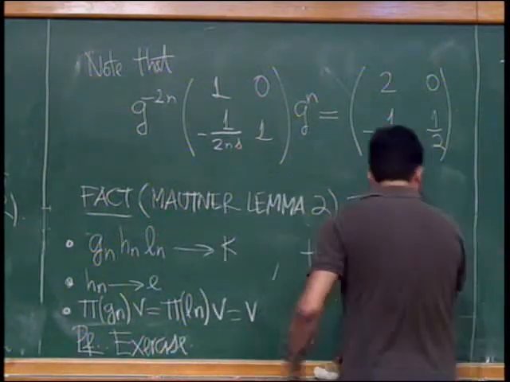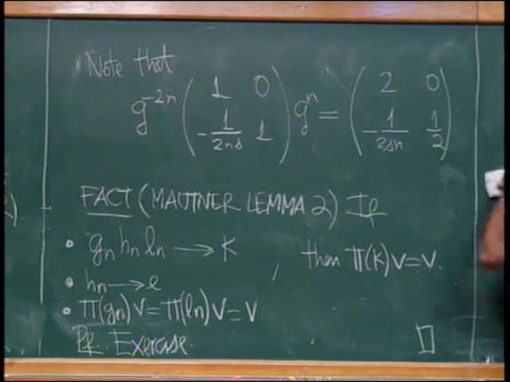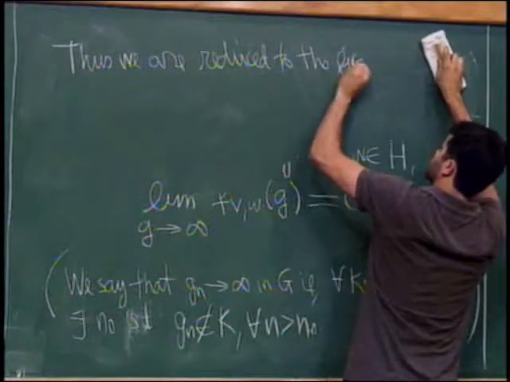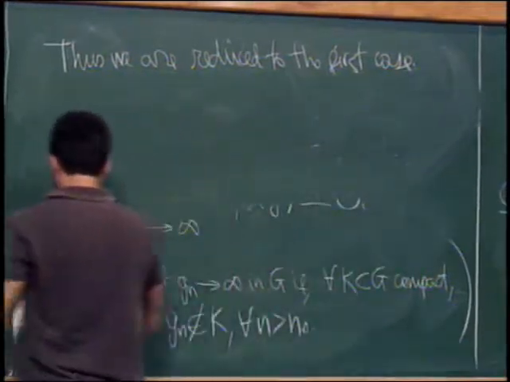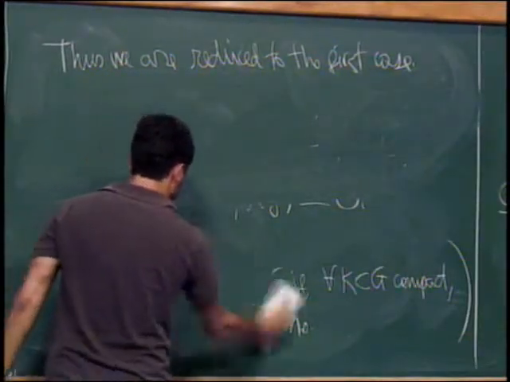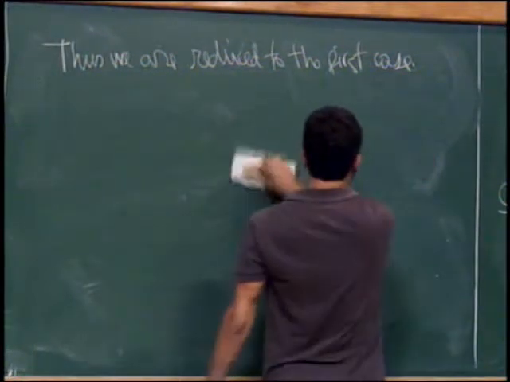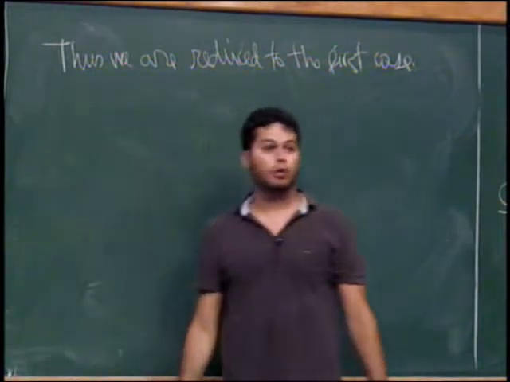So we are reduced to the first case. This is what is called the Mautner phenomenon for SL2R.